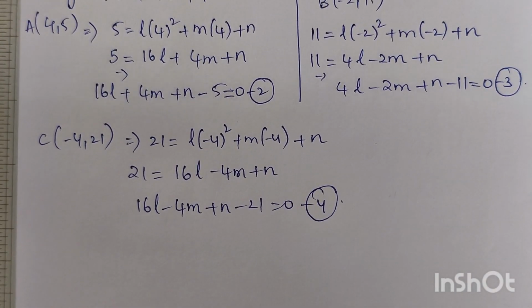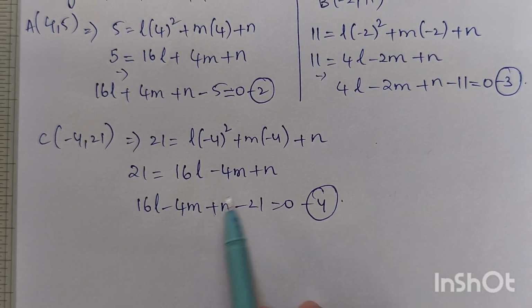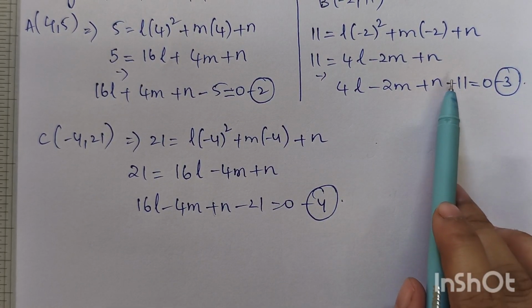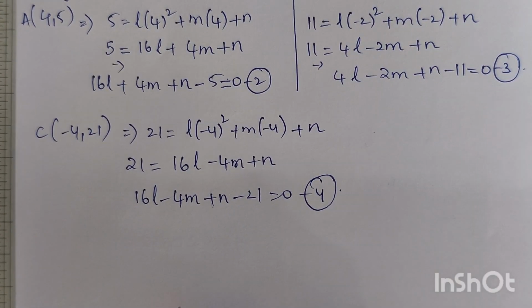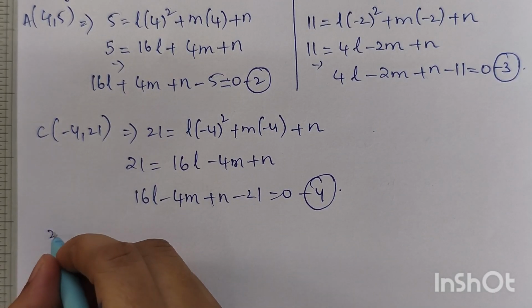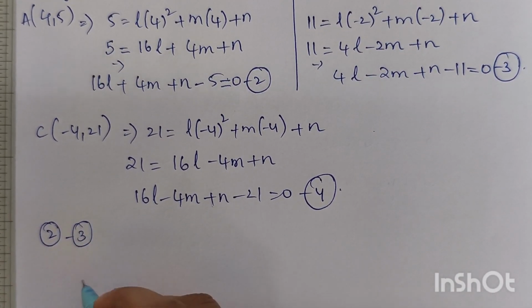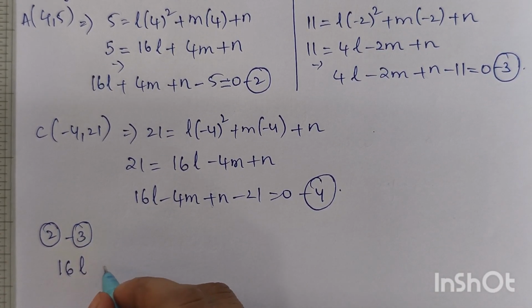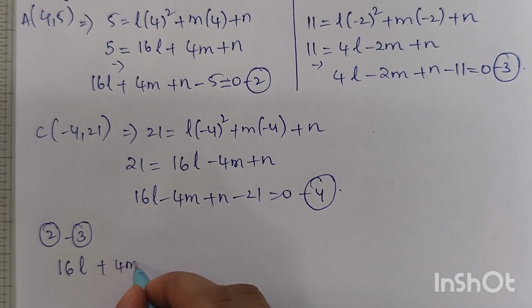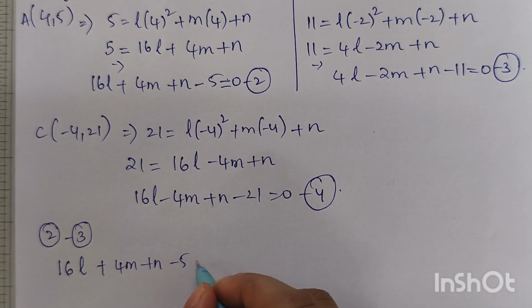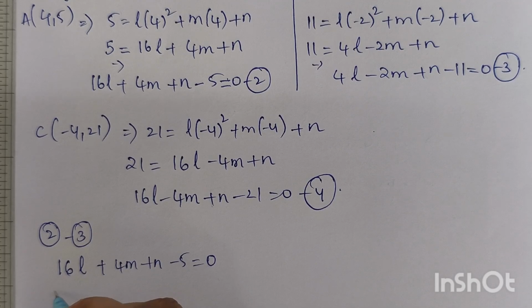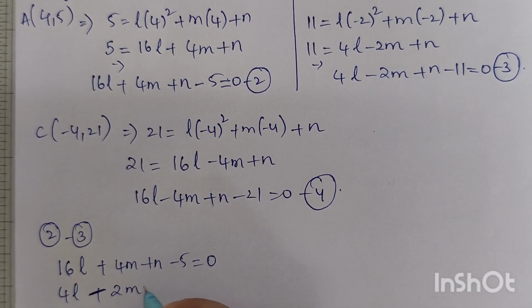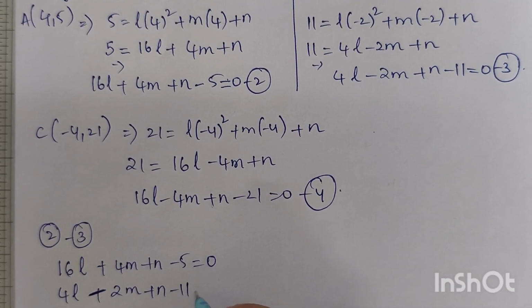Now we have to eliminate the n term, one variable we should eliminate. So we subtract equation 3 from equation 2. We have 16l plus 4m plus n minus 5 equals 0, and equation 3 is 4l minus 2m plus n minus 11 equals 0.